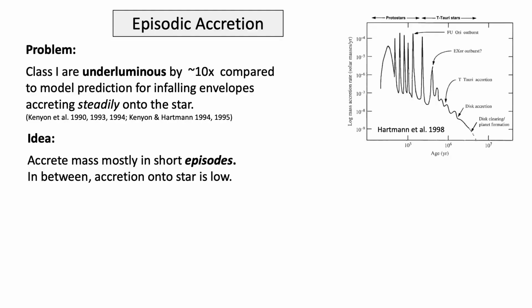So the idea would be that, in time, this is the logarithm in time axis, this is the protostar class 1 phase, first million years maybe, or a bit less. That we have accretion, that's the accretion rate here, that we have episodic accretion, bursts of accretion where a lot of mass falls down on the star for maybe tens or maybe hundreds of years, and then it's turned off and we have very little accretion.